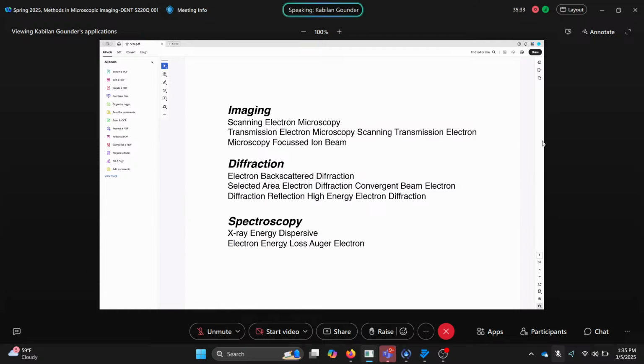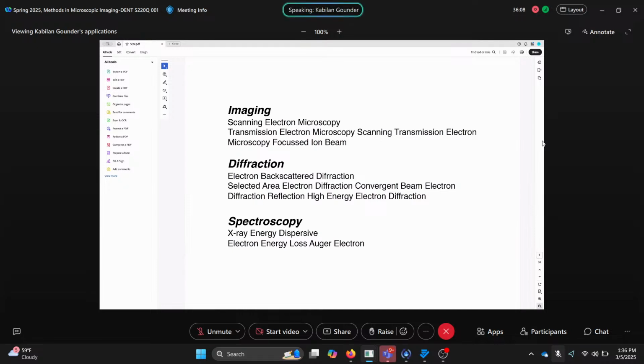So our goal is that the scanning electron microscope visualizes magnified images of the surface of any sample. It's not like a light microscope. For imaging, there are scanning electron microscopy, transmission electron microscopy, and focused ion beam electron microscopy.